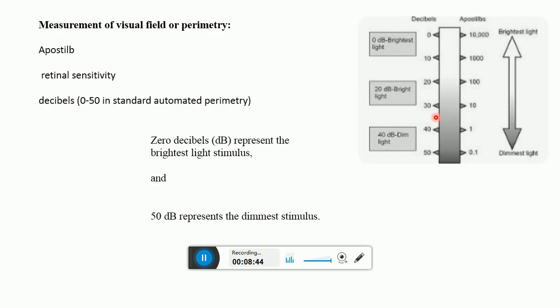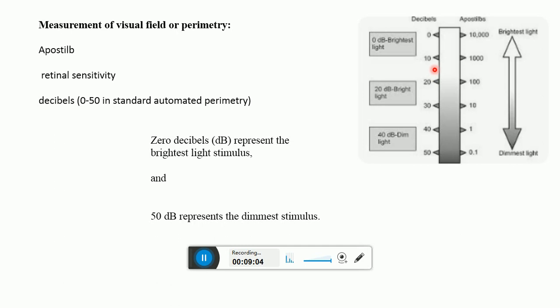So a 35 decibel target indicates a better sensitivity than a point which can identify a 25 decibel target, and this is more sensitive than another point that can identify only a 10 decibel target.